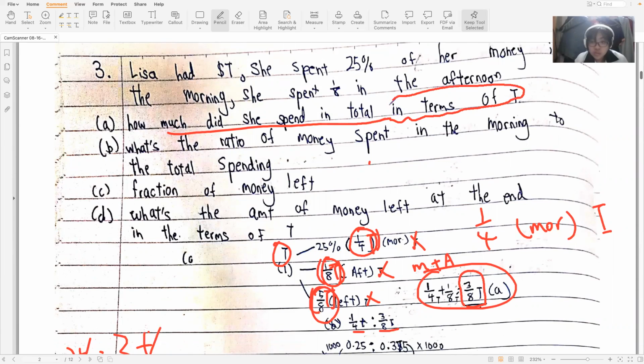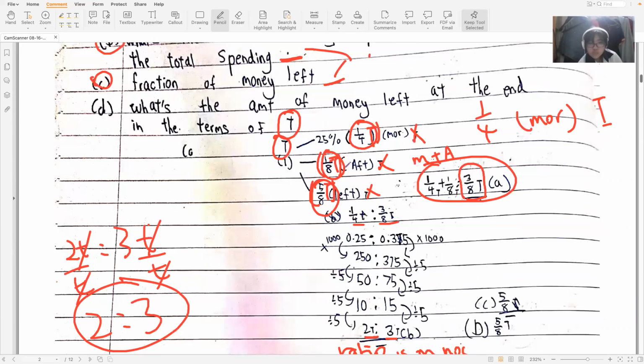In terms of T for A, so that means your answer should have a T. Can you see there is no T here, and no T here either? So the question tells you whether your answer should have T or not. That means your B and C should not have any T because there is no T in the question. So simply 2 to 3 is the answer.